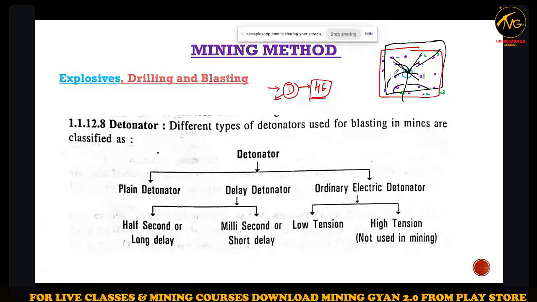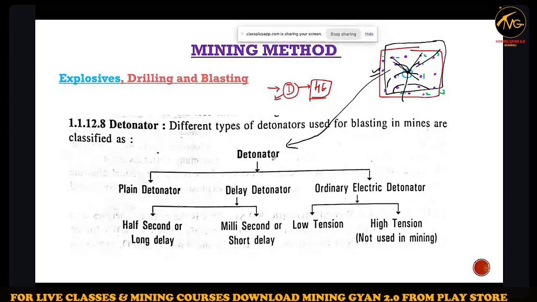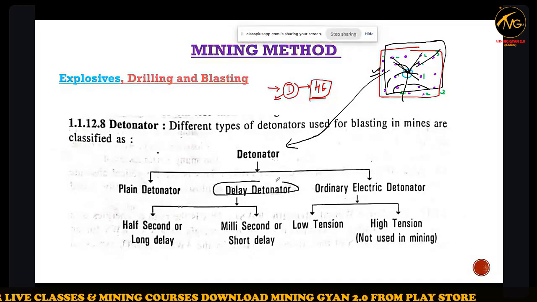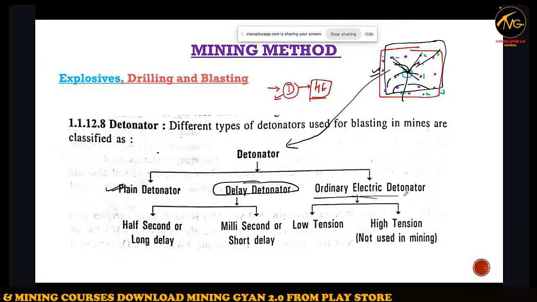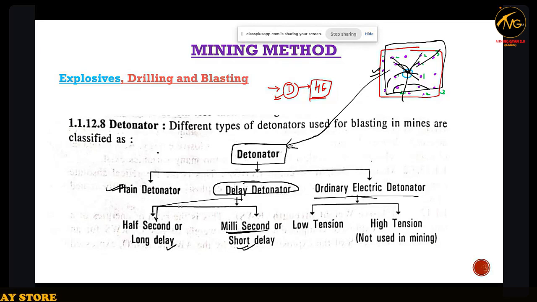Okay, for this process we need a delay detonator, which I have discussed. Other is plain detonator, and third is ordinary electrical detonator. Delay detonator: half second, which we call long delay, and millisecond, which we call short delay. So detonator is basically three types: plain detonator, delay detonator, ordinary electrical detonator.